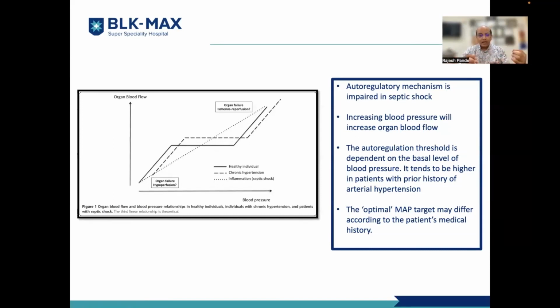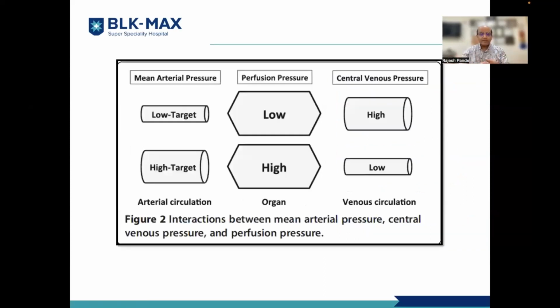Another important thing is that autoregulation will depend on the basal level of blood pressure, which will be higher in patients who are hypertensive. So the optimal MAP target may differ, logically speaking, according to the patient's medical history. Generally, when we are targeting a high MAP, the perfusion pressure increases and the venous circulatory pressure reduces.